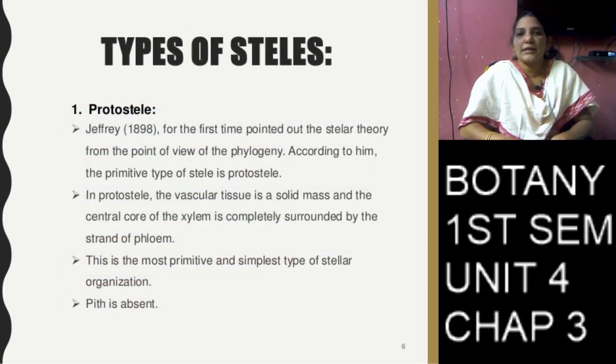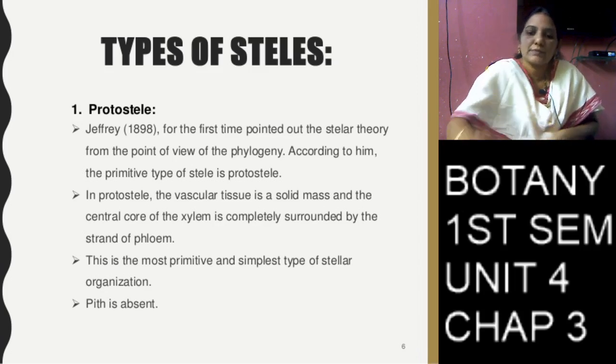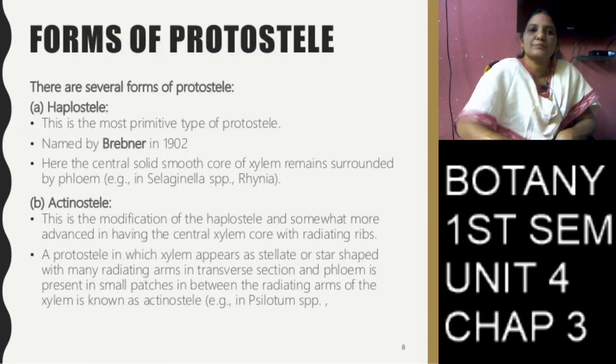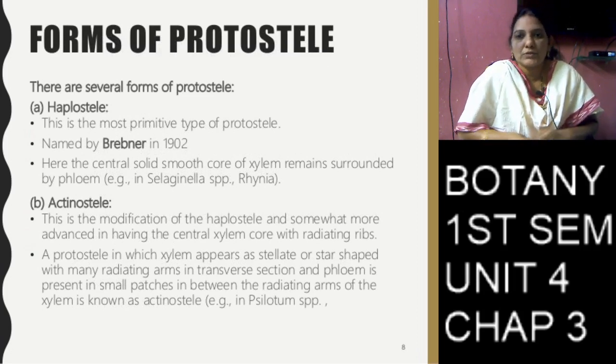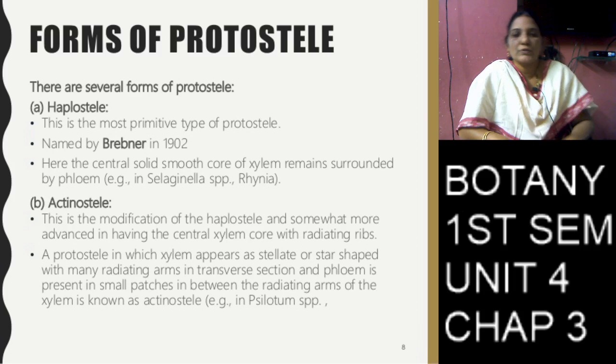This protostele is again divided into four types of steles: haplostele. Here the middle part is xylem, and the xylem is covered by the phloem. This is called haplostele, for example Rhynia.